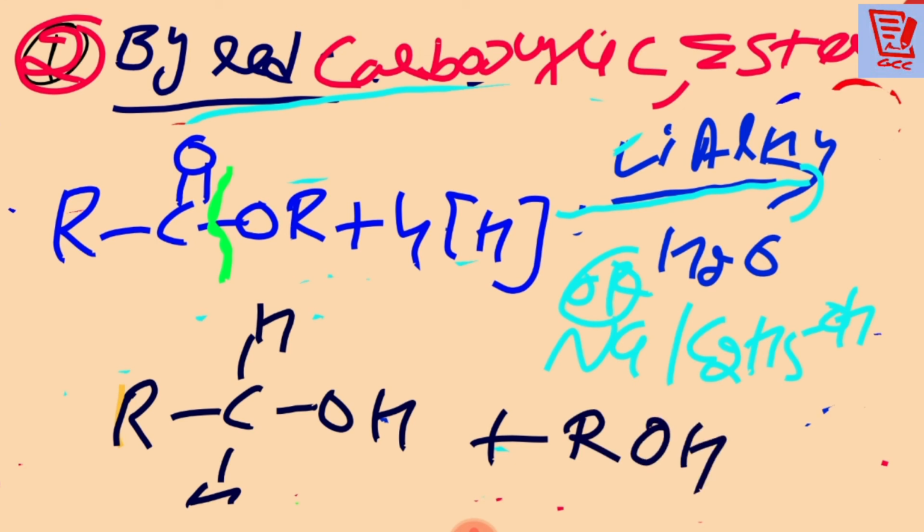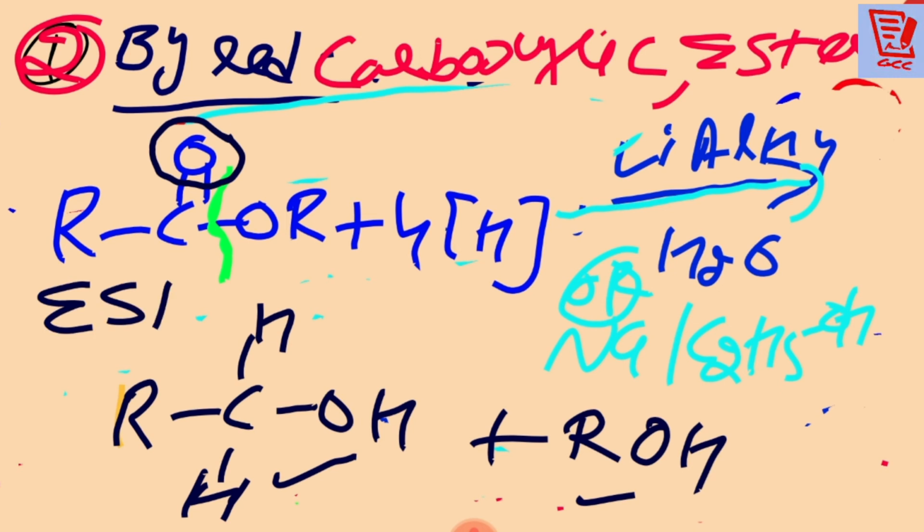Clear? In place of this one oxygen, two hydrogen you can make over there, and it becomes RCH2OH and ROH. Means two alcohols you are going to make over there. Is that clear? In the case of esters, no water molecule has been removed.